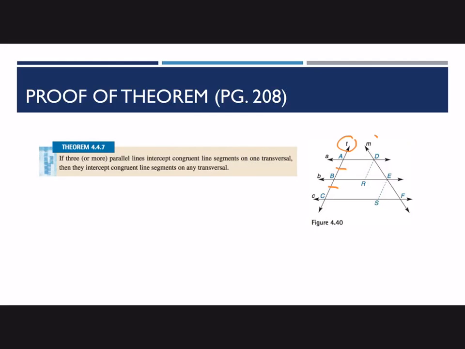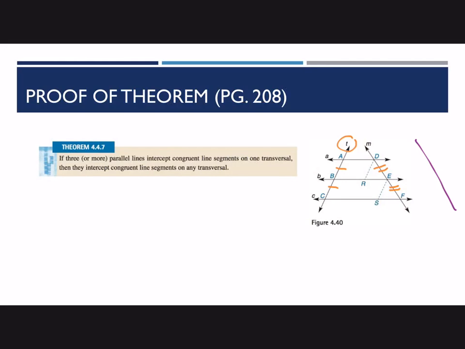Say I add in this new one, M, and cut that across lines A, B, and C. Then I can prove that DE and EF are the same length. Not necessarily the same as AB and BC, but they should be the same as each other. And that's true for any transversal.